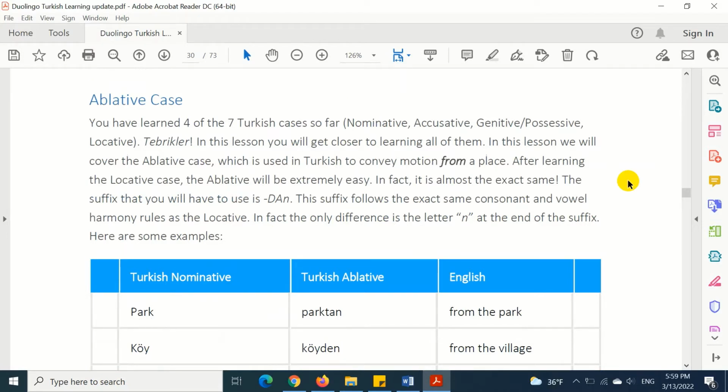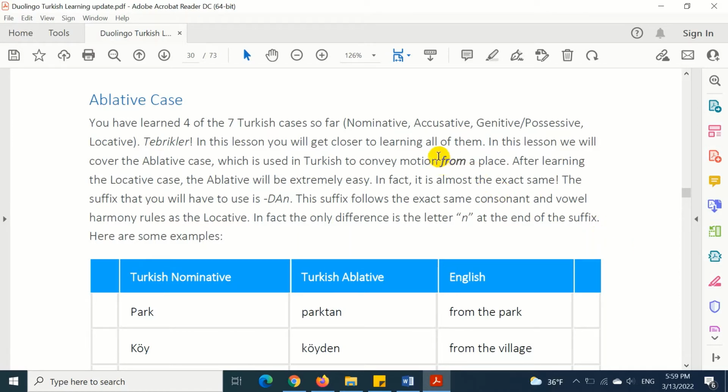In dative case, I said when a noun is functioning as a destination, but in ablative case, when a noun is functioning as a source, that we use "from", used in Turkish to convey motion from a place. For example, from school to home, from market to bazaar, from my room to your room.